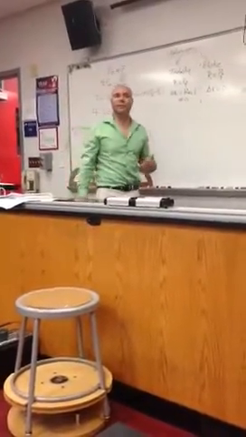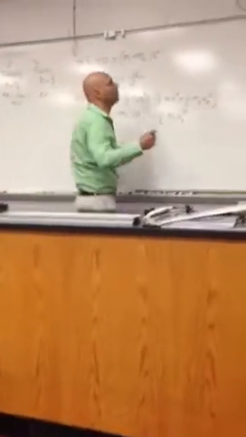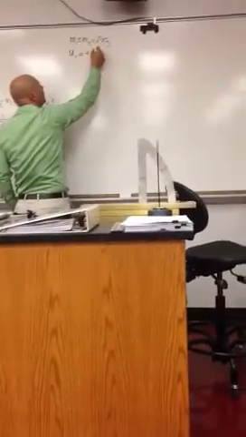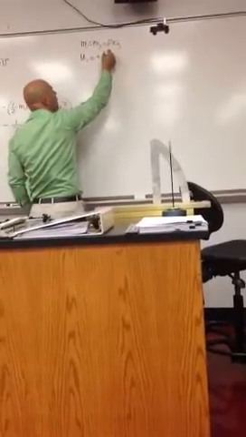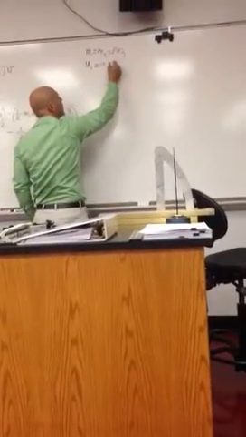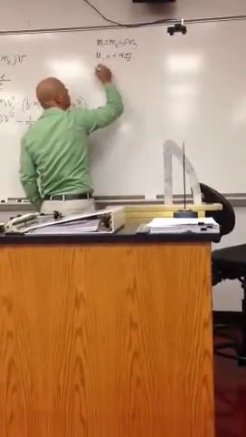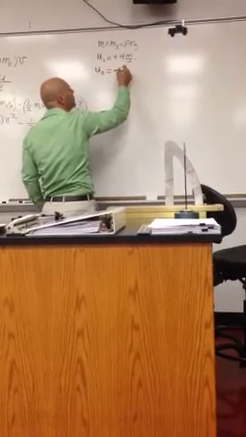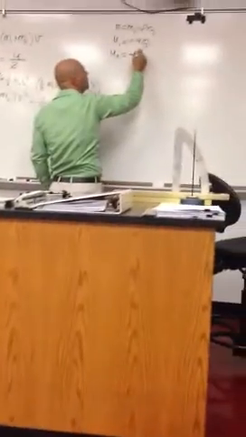So what do you need to find? If you have m1 and m2, you have u1 positive 4. How much is u2? Negative, sorry, that's -3.